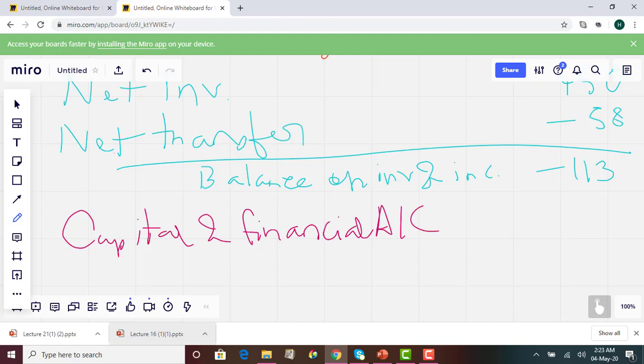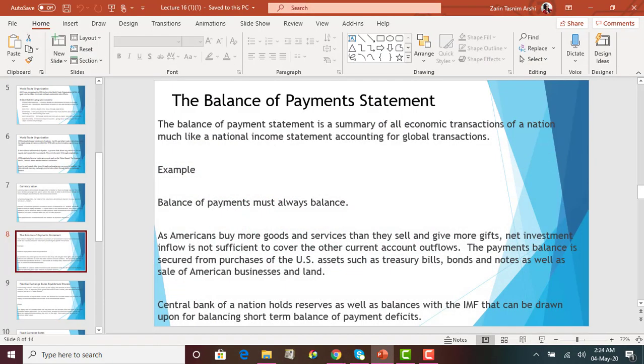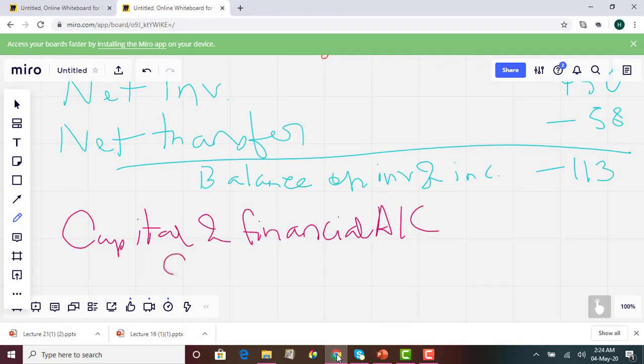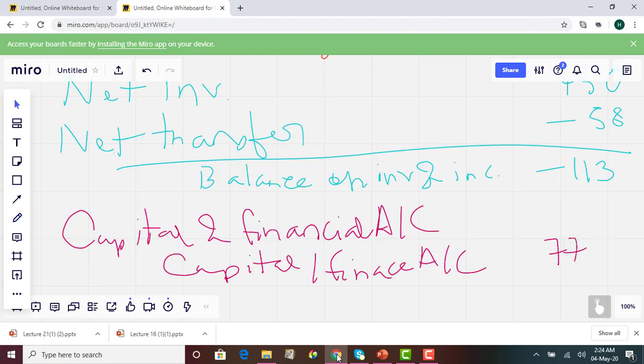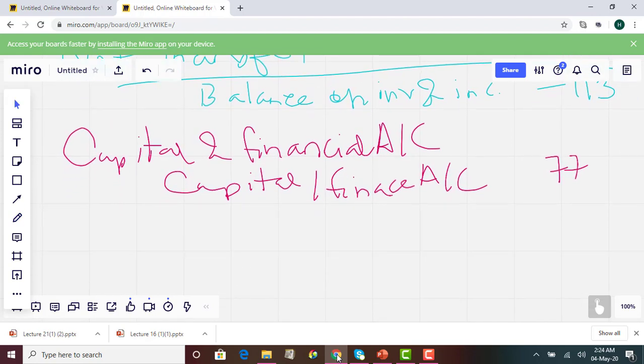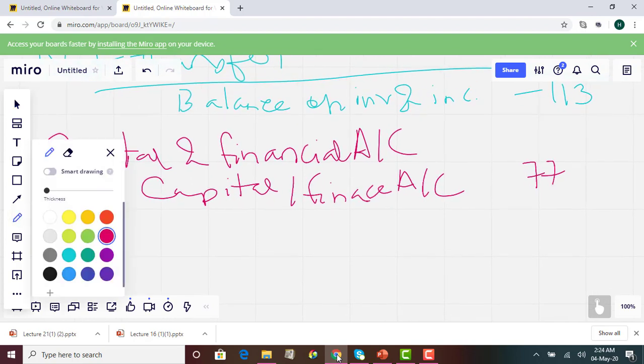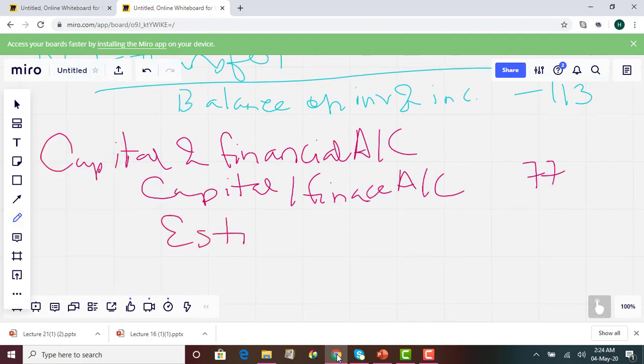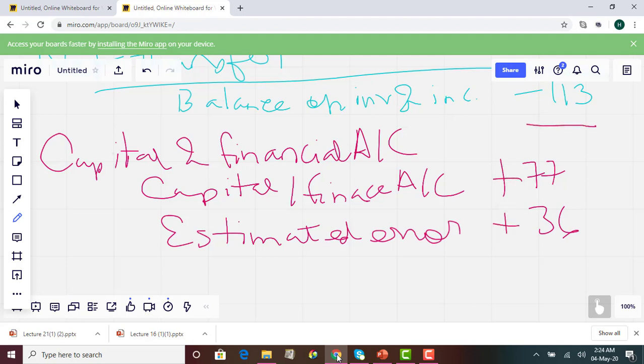Under this we will have the capital finance account, that's 77, and then we have estimated, let's say, errors. There will be some errors in calculating the trade, right? So estimated error is, let's say, 36.